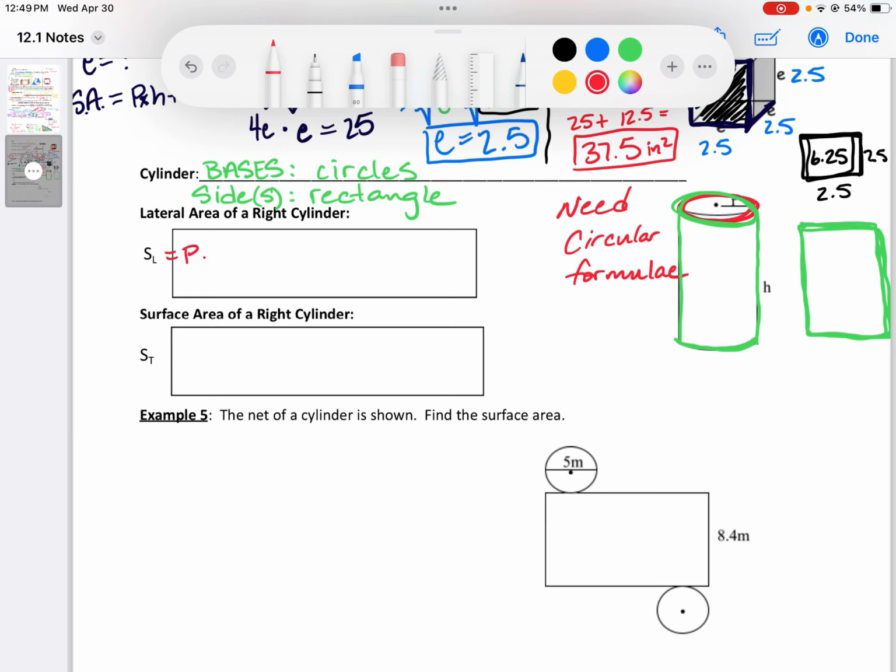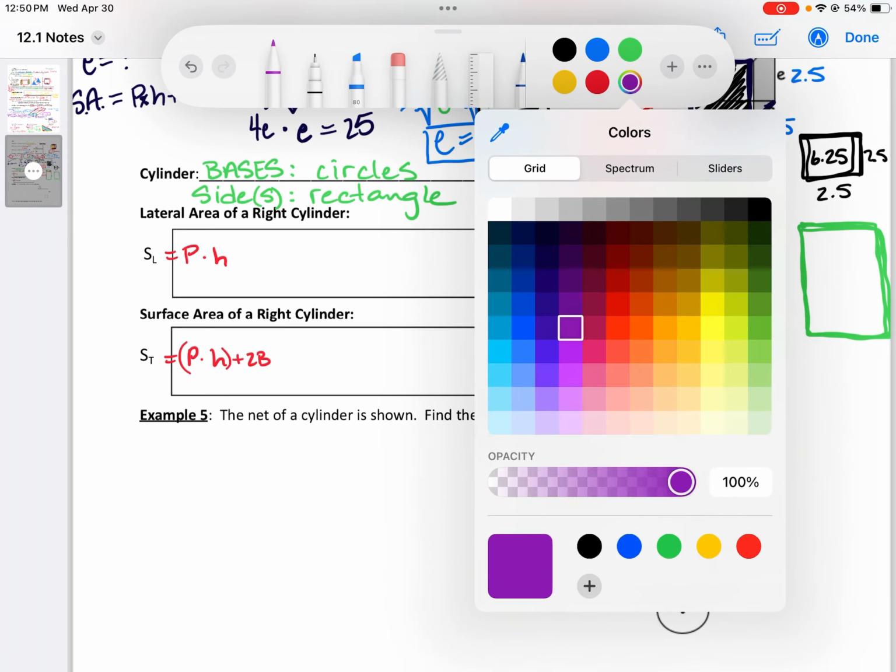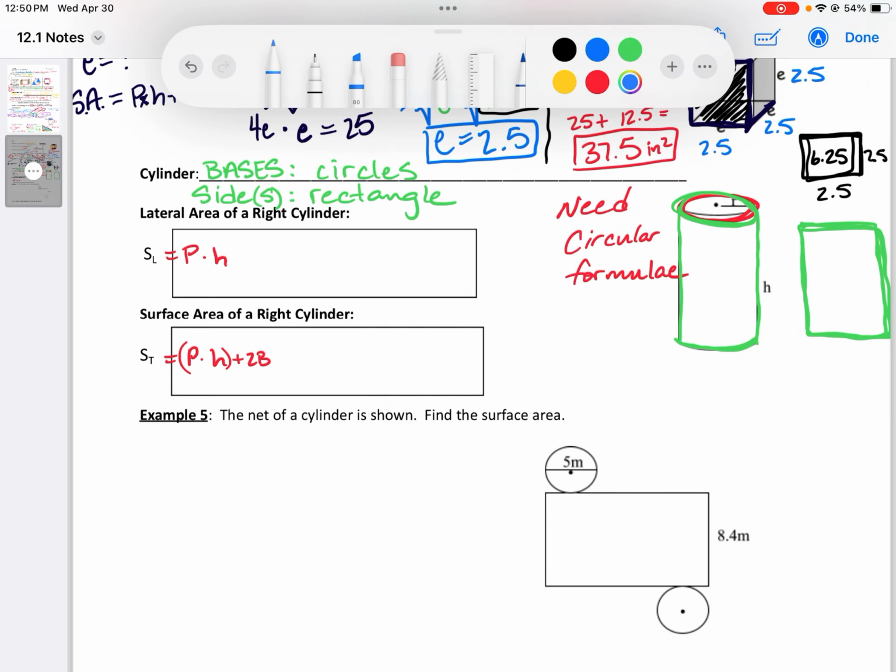All right. Our formulas are actually the exact same, but we're going to replace some things with circle-specific formulas. For instance, the distance around a circle is called the circumference.